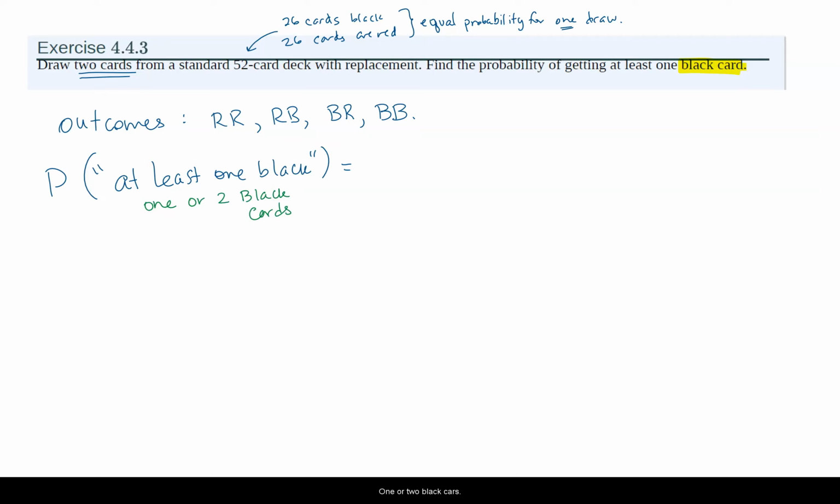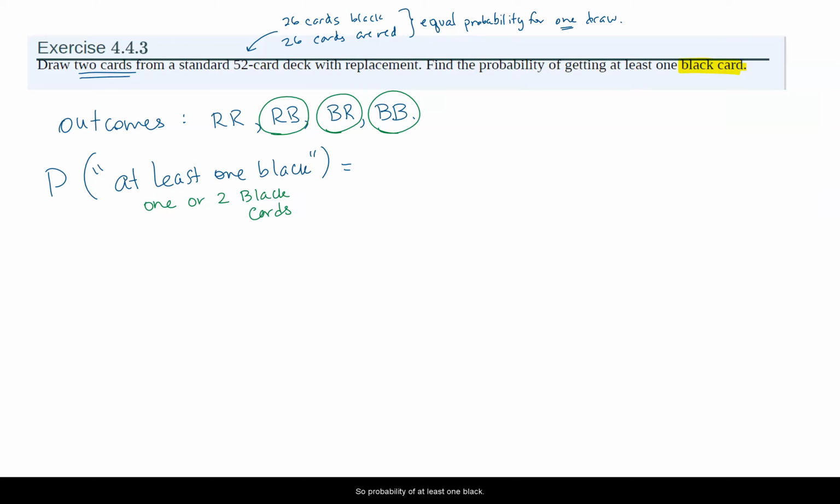One or 2 black cards. We have 1 black card if it's the second card. We have 1 black card if it's the first card. And if we draw both of them black cards, we still have at least 1 black card.